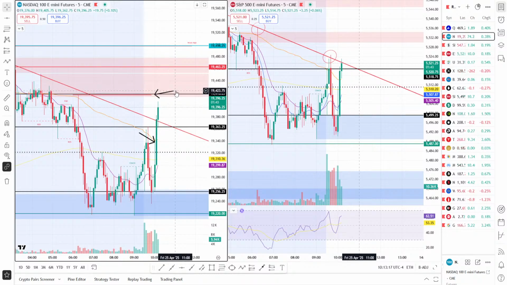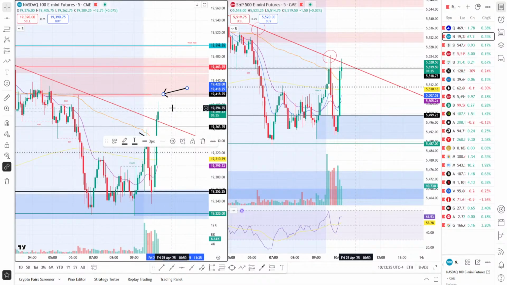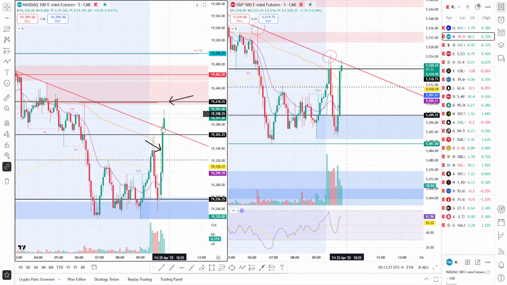Waiting for price to get here. I'm out. I'll probably at least take 2 contracts off, take some profits here, and I'll leave one running to see if we keep going.